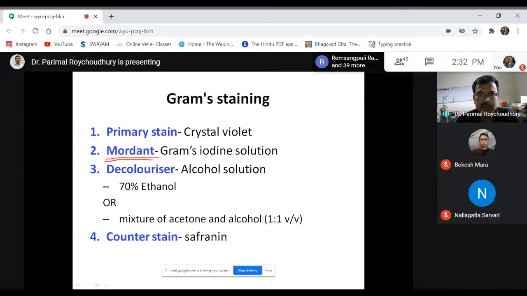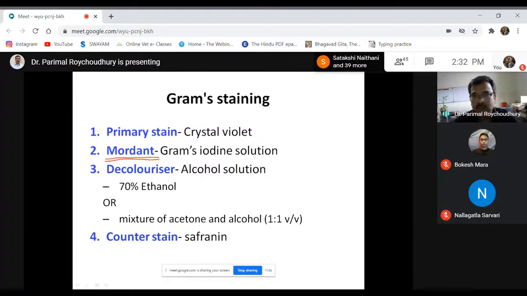The definition of mordant is, mordants are certain physical or chemical agents which fix the primary stain. So if you use crystal violet as primary stain and then we apply a mordant, in case of Gram staining technique, the mordant is a chemical agent. It is the Gram's iodine solution. It's a mixture of iodine and potassium iodide.